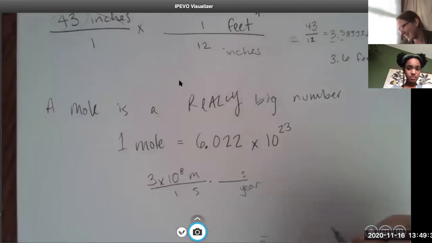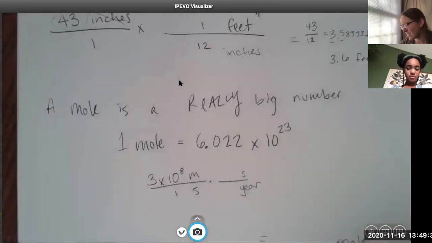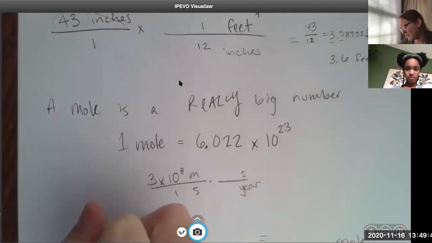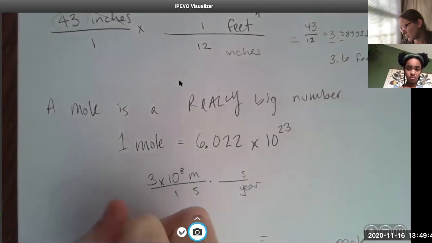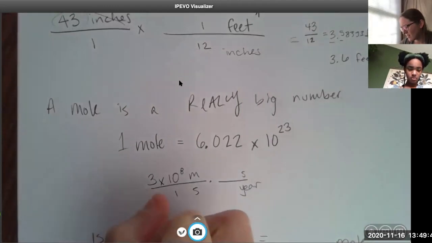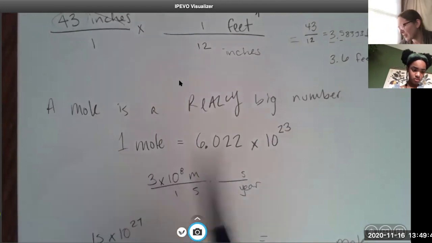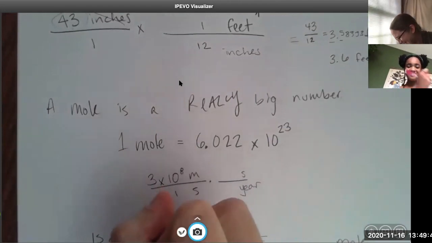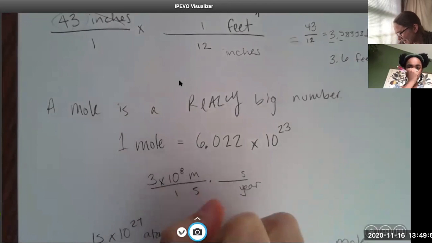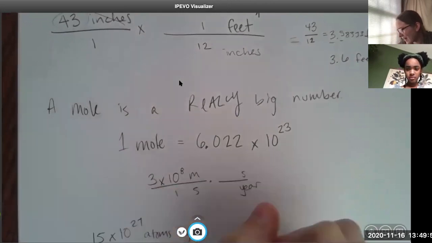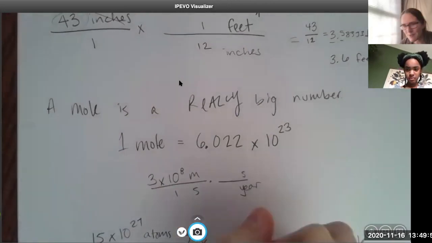So if you're calculating how many moles is, I don't know, 15 times 10 to the 27 atoms of mercury, I just made that up, and it'll want to know how many moles that is.